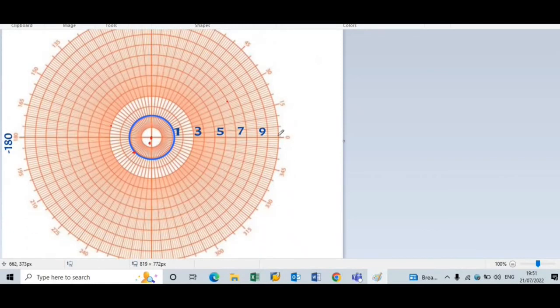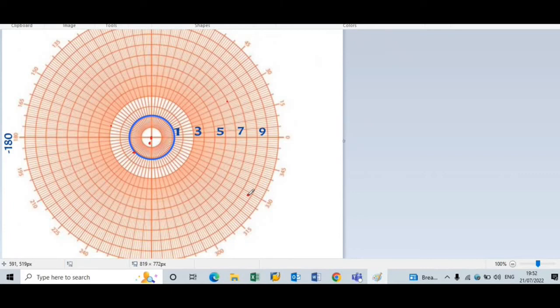We know that this gap is for 15 and here is 30. So the total angle is minus 30, or minus 30.96. So we will select approximately 31 degree. Here is minus 31 degree and we have to show the point here, in between 9 and 10.